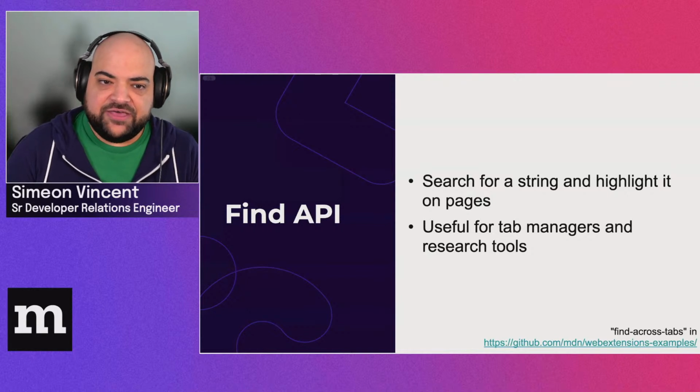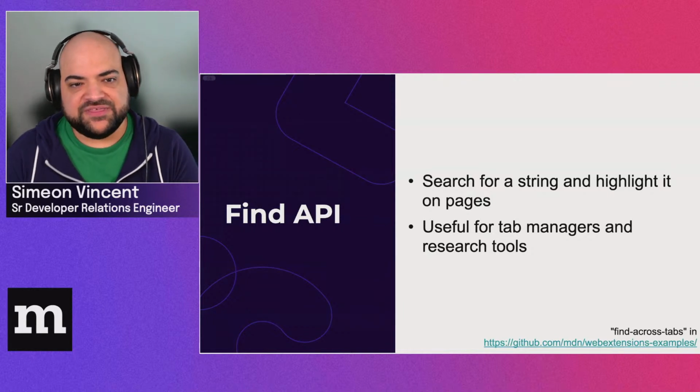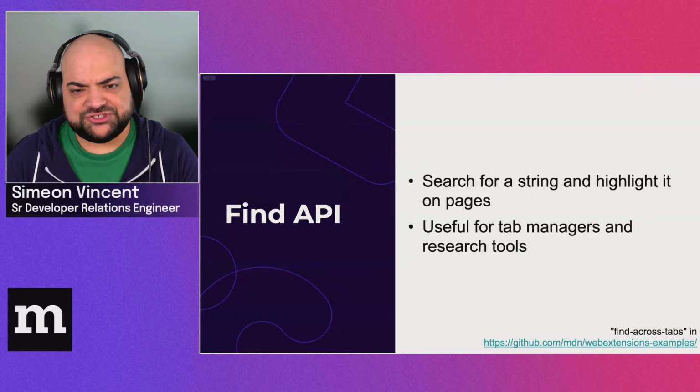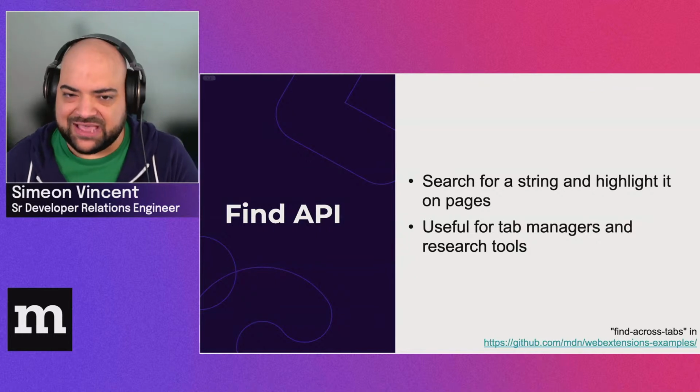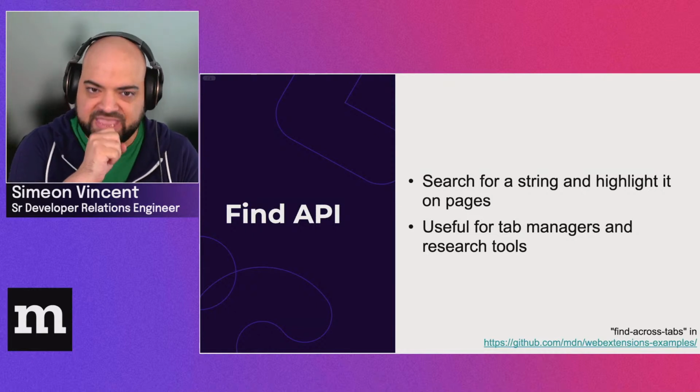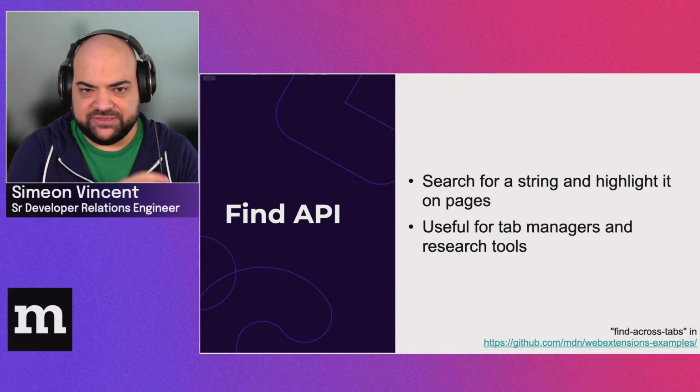And finally, the Find API. This API allows you to search for a string on the current page or any tab that the user has open, and to highlight instances of that text.